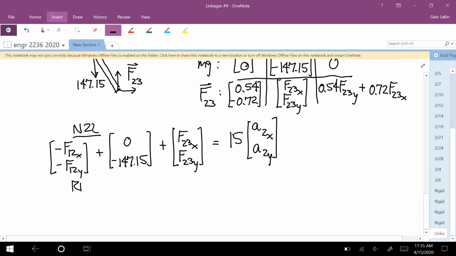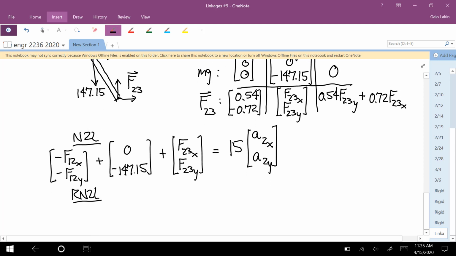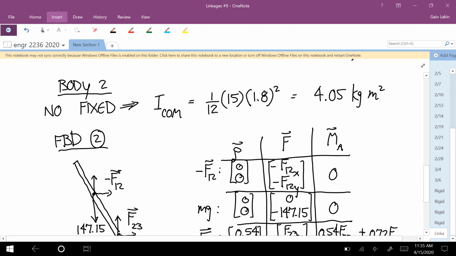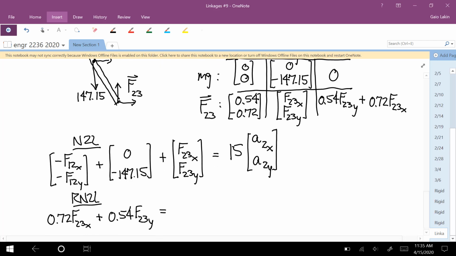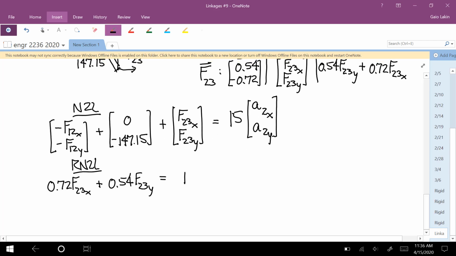And the moment equation says 0.72 F23x plus 0.54 F23y is equal to the mass moment of inertia that we calculated, 4.05, times the angular acceleration of body 2.